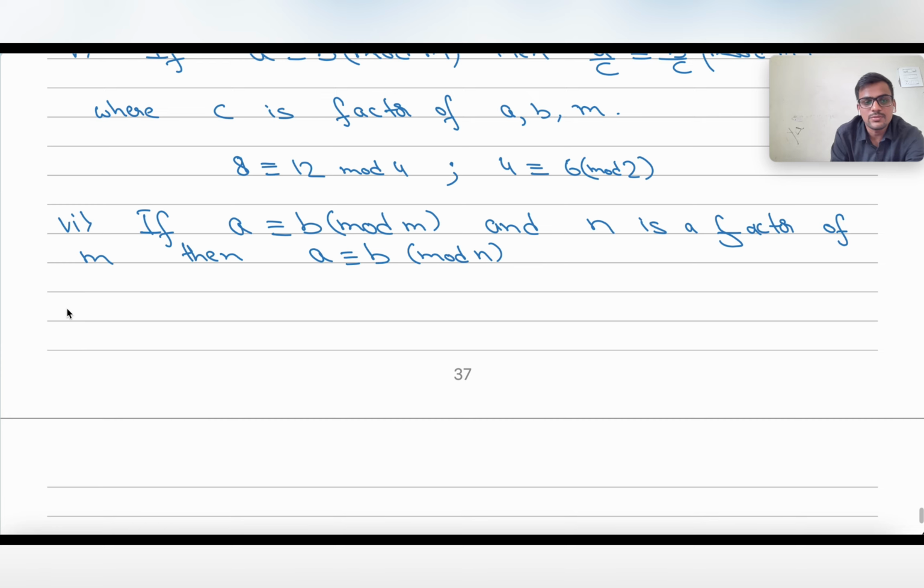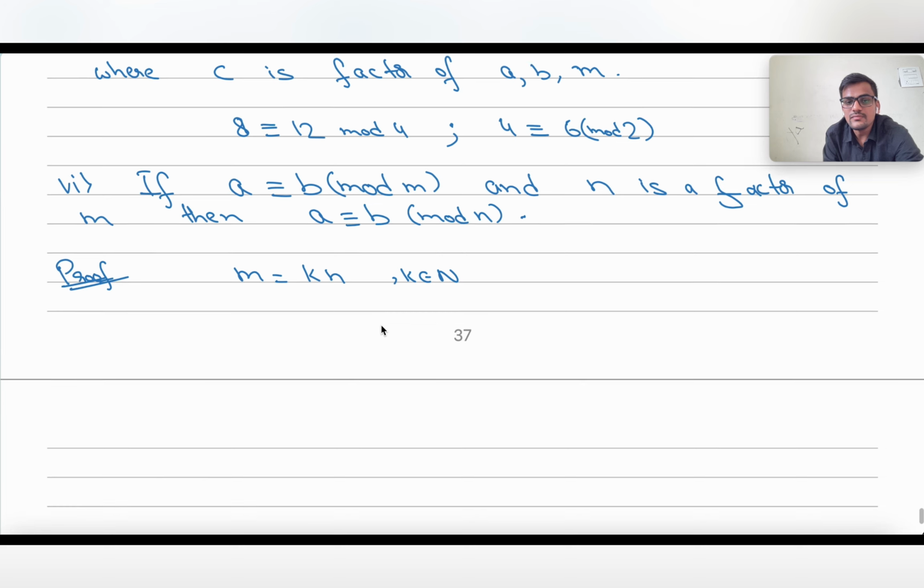So see the proof of this. Here N is a factor of M. It means M is equal to some K times N, where K belongs to the natural numbers, right?